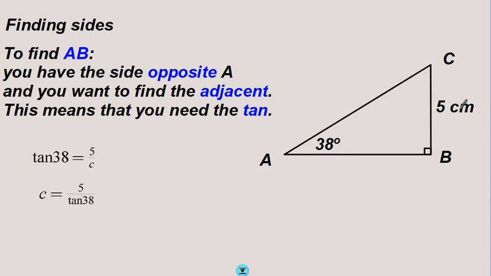If we have the opposite and we're looking for the adjacent, then the ratio that combines those two sides is the tan. So we write tan 38 equals 5 over c. 5 is the opposite, and little c is the length of the side that is opposite the angle C. With a little manipulation, cross multiplication, this gives you c equals 5 over tan 38.